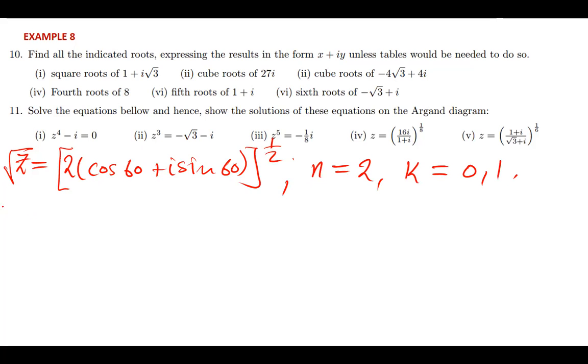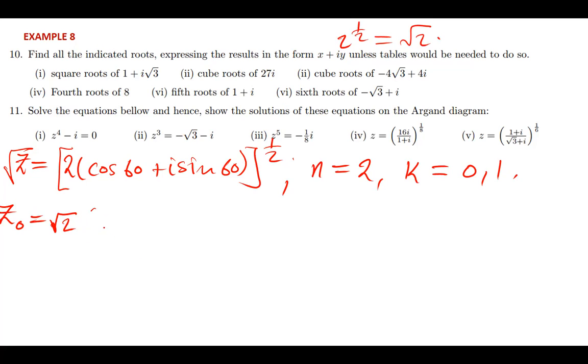So we now have to find z0. z0 is going to be equal to, we raise the magnitude 2 to the power half, which is just the same as the square root of 2. So I'll just be using the square root of 2 instead of writing 2 to the power half.